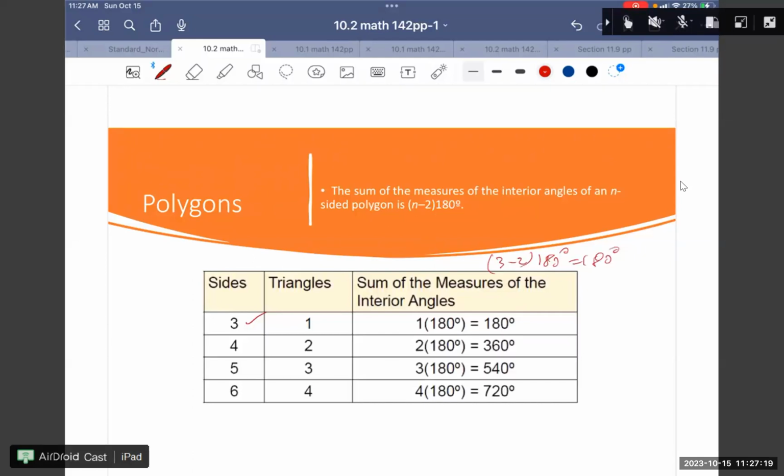For the hexagon, we have six sides, so 6 minus 2 times 180, which is 720 degrees. So these are the important numbers right there.